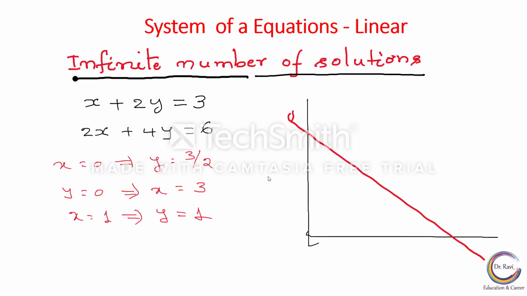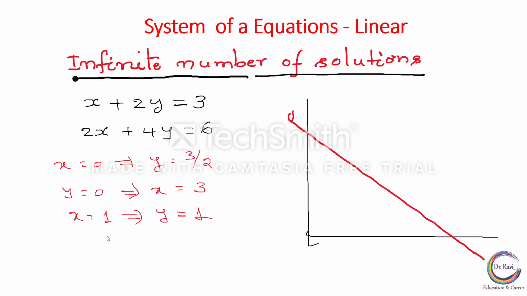Now another example, if we take x plus 2y equal to 3, 2x plus 4y equal to 6. Just by trial and error, when x equal to 0, y equal to 3 by 2, both the equations are satisfied. When y equal to 0 and x equal to 3, both equations are satisfied.